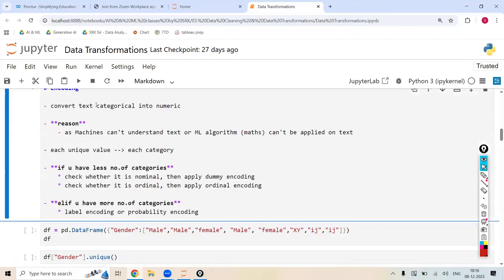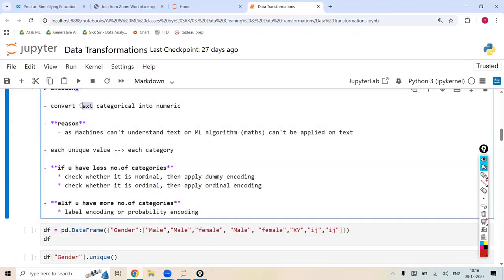Converting the discrete categorical column into a numeric column. Discrete categorical means nothing but a text column.